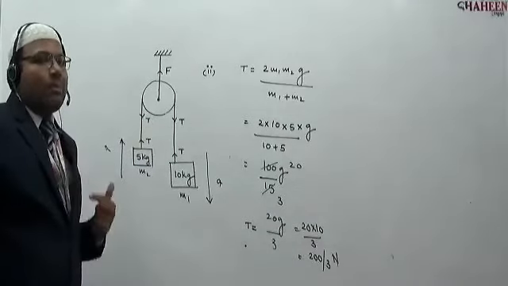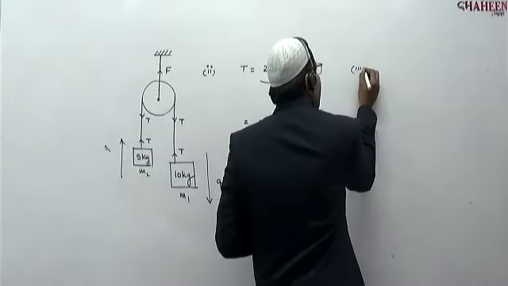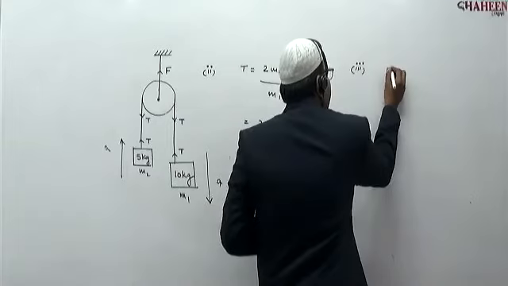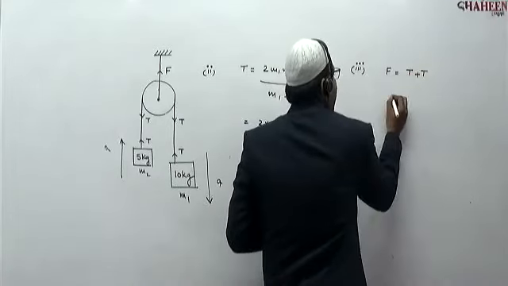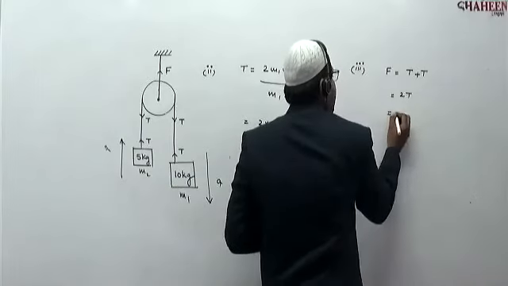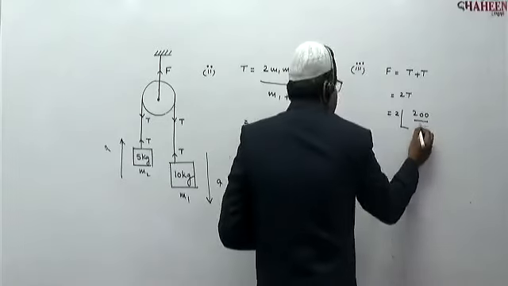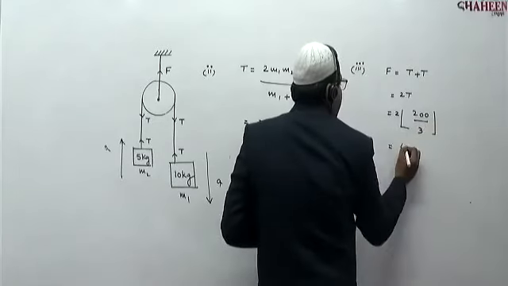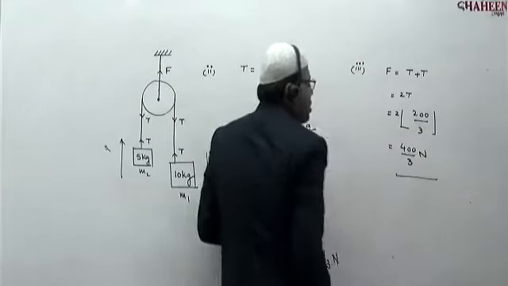So in equilibrium, upward forces are equal to downward forces. Upward force is F, downward force is T plus T, that gives you 2T. So this is 2 into, what is T, students? 200 by 3. So that gives us 400 by 3 Newton. This much is the force acting.